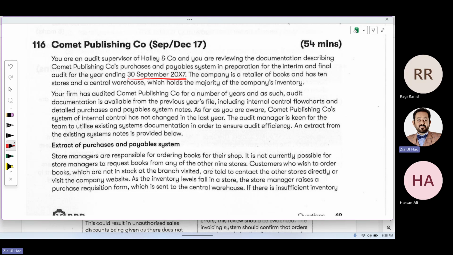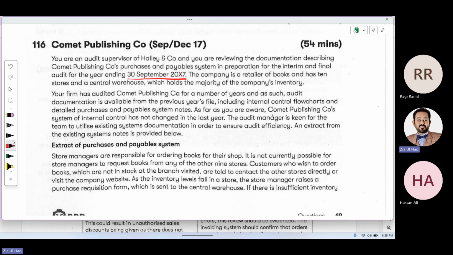Your firm has audited Comet Publishing Company for a number of years, and audit documentation is available from the previous year's file, including internal control flow charts and detailed purchase and payable system notes.